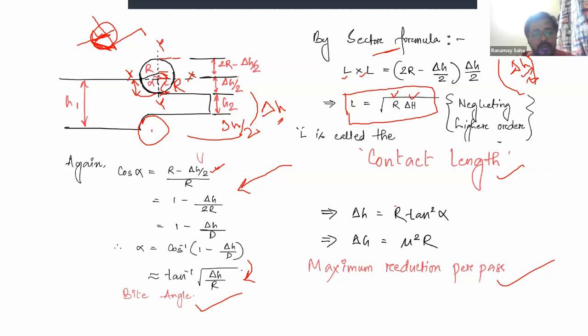You can calculate it using both formulas, and from that you go to finding your maximum reduction per pass.